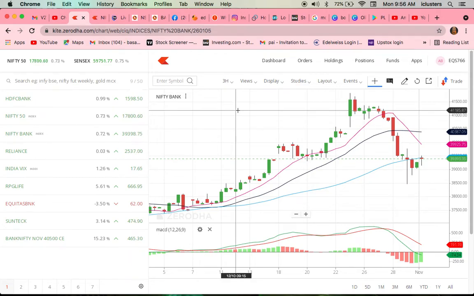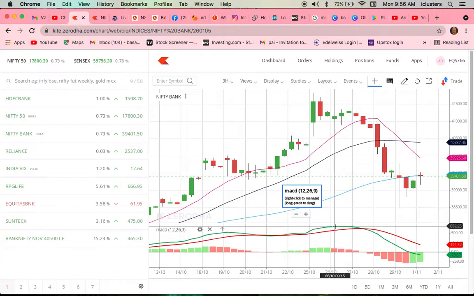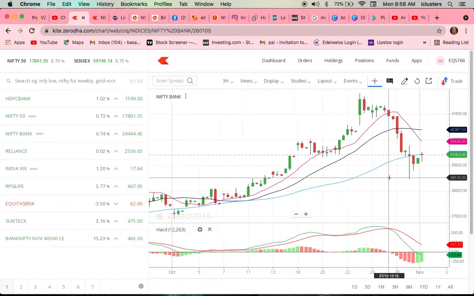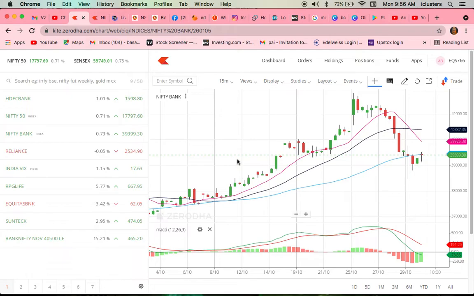The chart is not moving. See, friends, in the 1 minute, in the 3 hours candle, it is showing like this. After a while, I'm going to change this to 15 minutes.